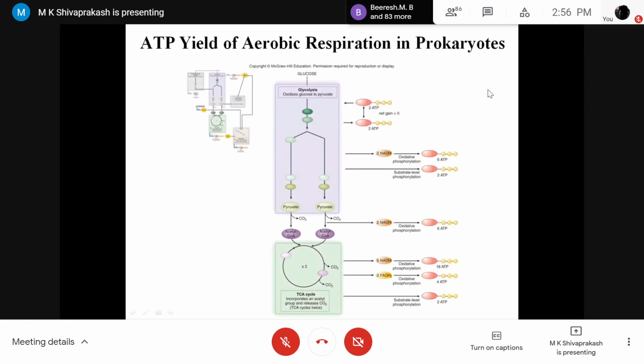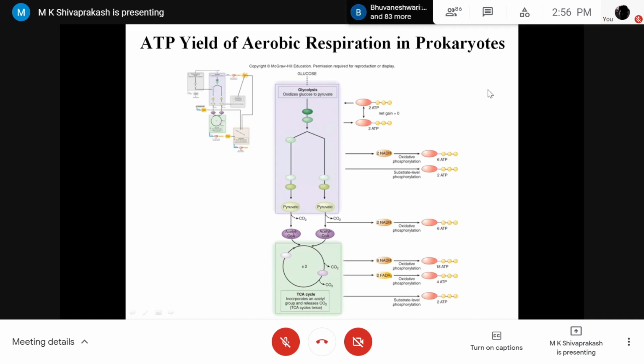Of course, here it is shown, at the end of aerobic respiration in prokaryotic microorganisms, the ATP generation at different points. For example, in the beginning, it shows the glycolytic pathway, where glucose is oxidized to pyruvic acid.